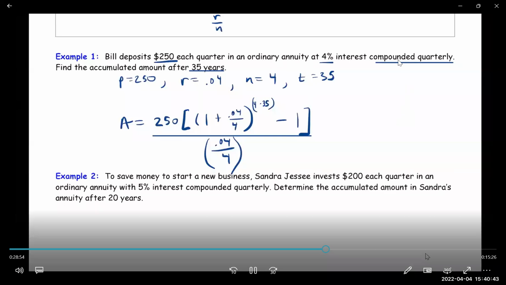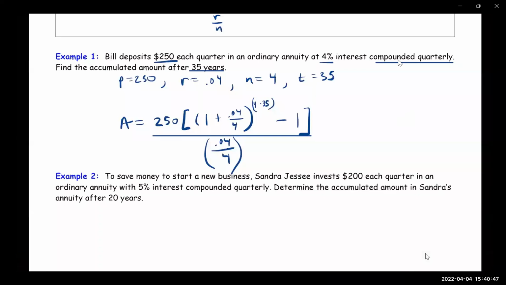Enter. And then we're going to put parentheses, 0.04 divided by 4.